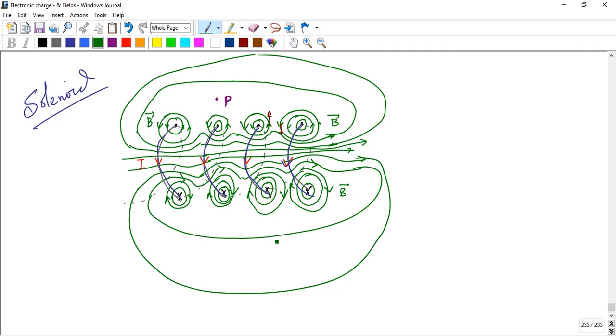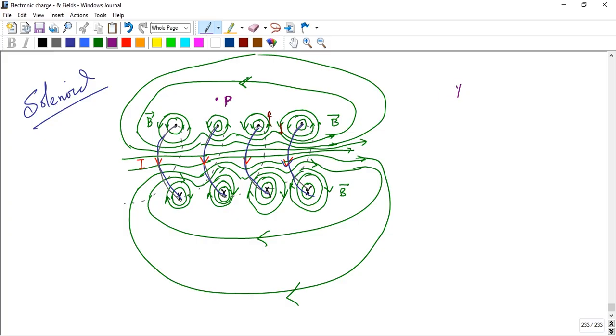So what is the magnetic field at point P? You see that there are opposite directions of magnetic field. That's why the total magnetic field outside of the solenoid is zero.